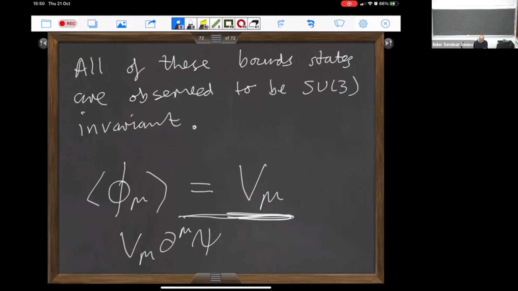So any such violation of Lorentz invariance has to be very small, if it exists in nature. Yeah, I'll try to think more about it.